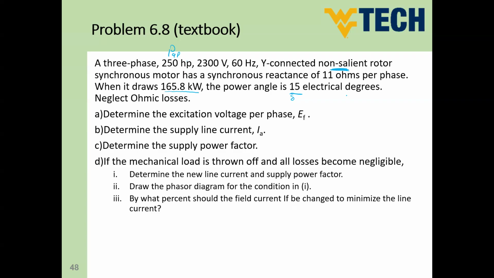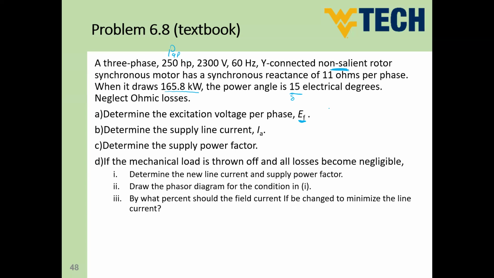So we need to get the value of excitation volt. And the power angle is given here. The synchronous reactance is given. So you know that, I think this is not a solved problem, so we're gonna solve this together here.